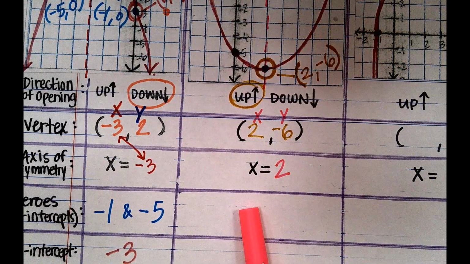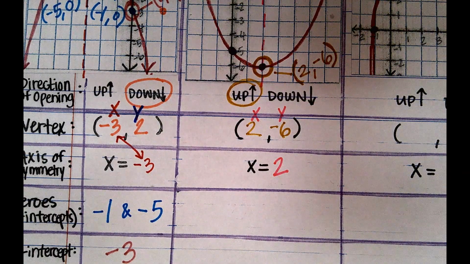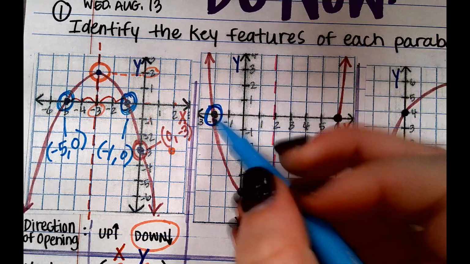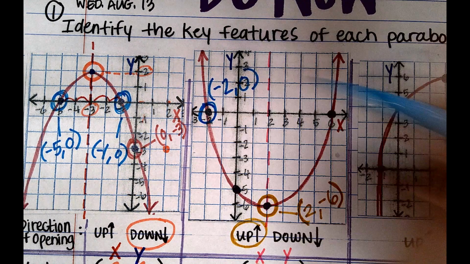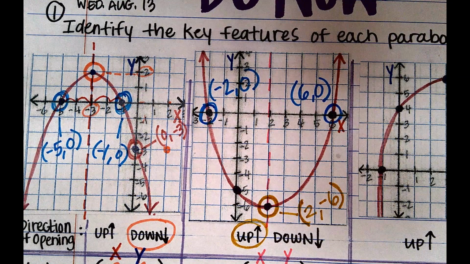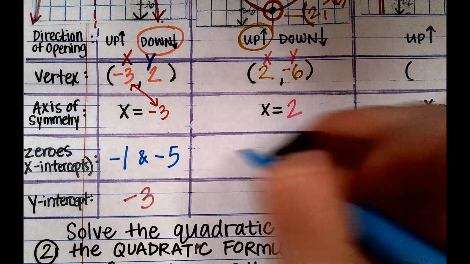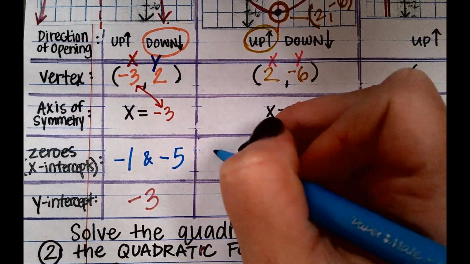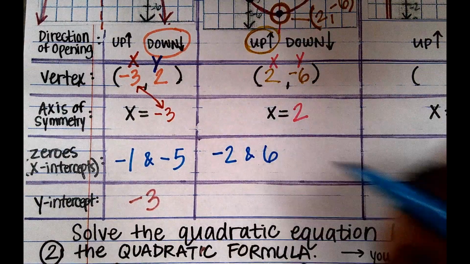What are my x-intercepts, Jessica? (-2, 0) and (6, 0). -2, 0. Perfect. And (6, 0). Wonderful. And for our spot here, we can write the coordinates if we want, or we could just write -2 and 6.